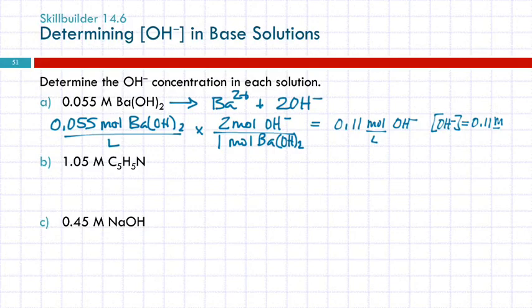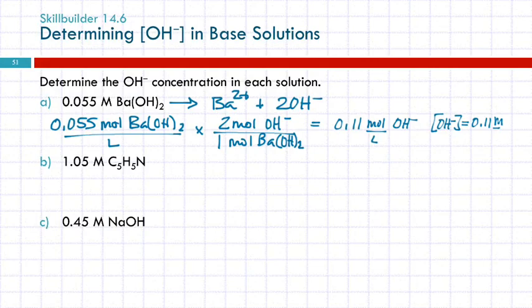Let's skip that middle one and go to the bottom one. Sodium hydroxide. Is that a strong base? Yes, it is. It's a metal hydroxide. How many hydroxides are in 1 unit of sodium hydroxide? Just 1.